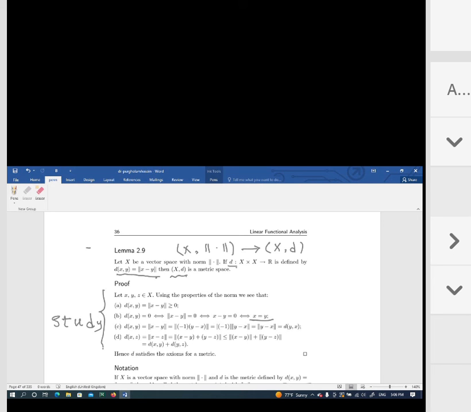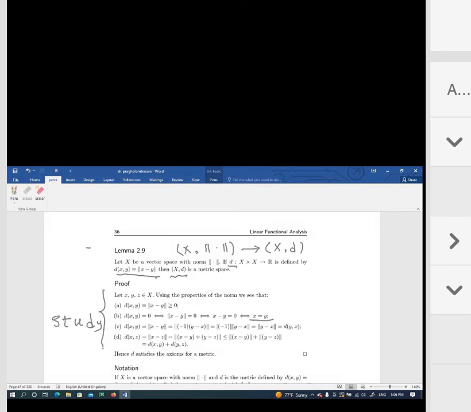The other property, B: if d(x, y) equals 0, the norm of x minus y must be 0, and that happens if and only if x minus y equals 0, which happens if and only if x equals y. So d(x, y) equals 0 if and only if x equals y.